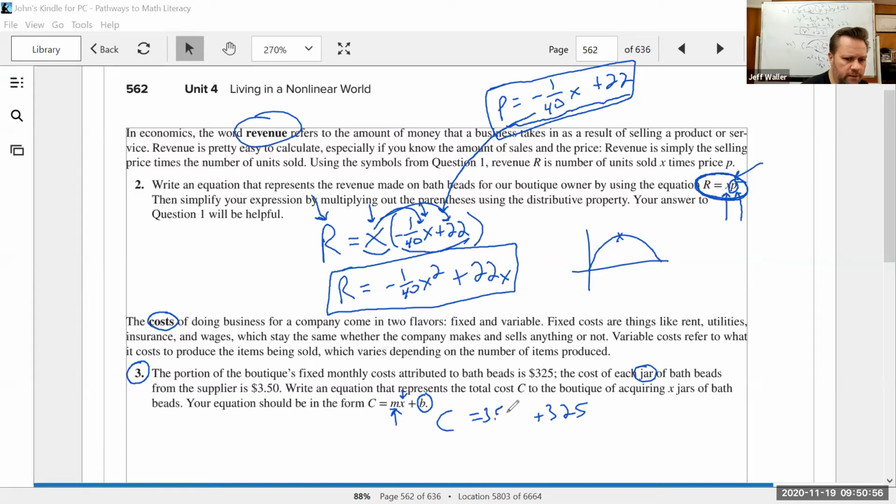So that's my slope. 3.50 times the number of jars, on top of the 325 just to get my business going. I have to pay this much per jar. That's why it's times x, because it depends on how many jars I sell, or in this case, make.